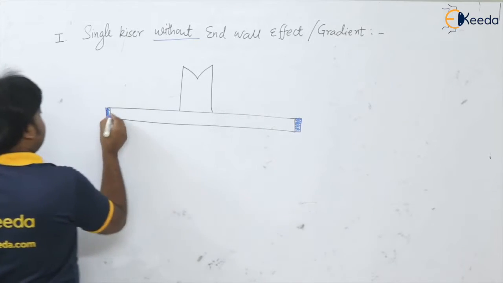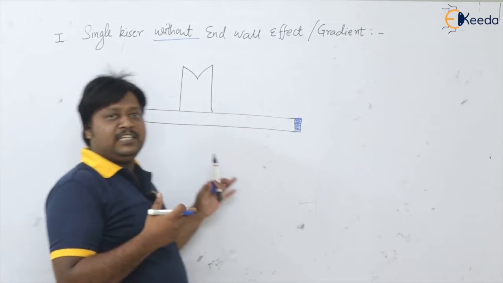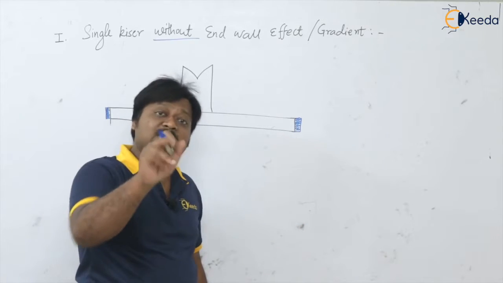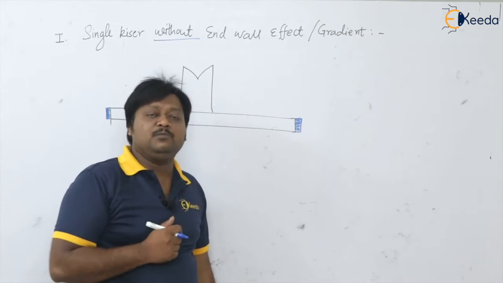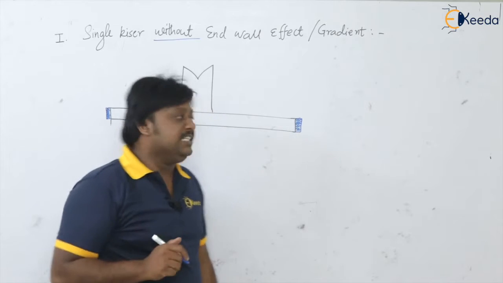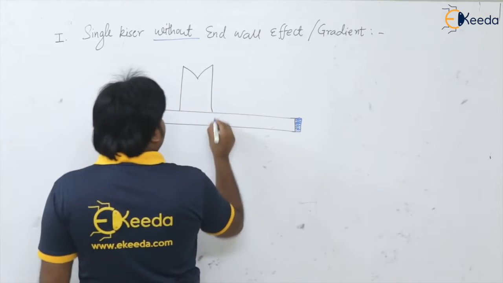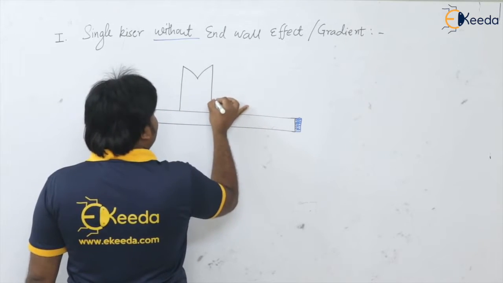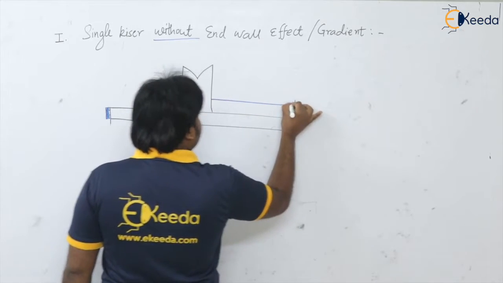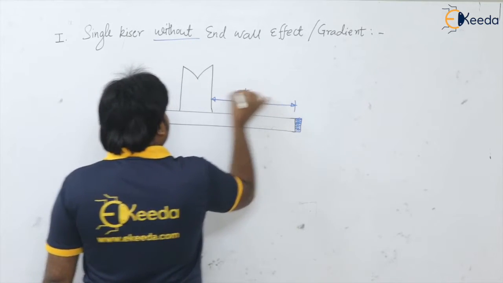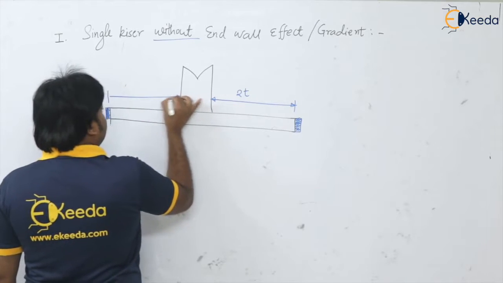If insulation is not there, heat is going to transfer, then the end wall effect or end wall gradient will be there, of how much? 2.5T. So here only the gradient of the riser will be there. From the edge how much? 2T, and from the other edge 2T.